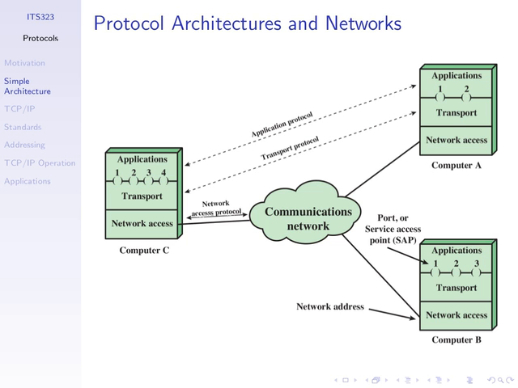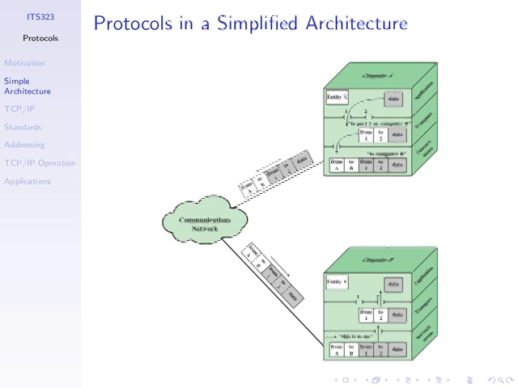Transport layer, transporting data across a network. Network access, allowing us to send and forward and route data through a network. And in real-life data communications in the internet, we have protocol architectures, and we'll go through one now. That was just an example trying to quickly illustrate how the layers may relate to each other.